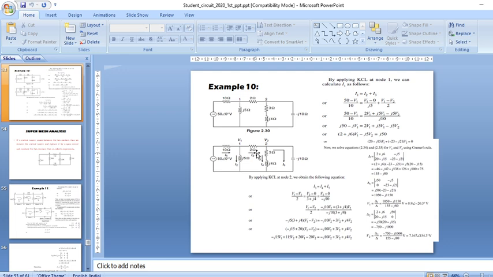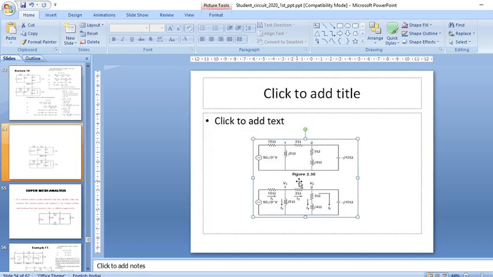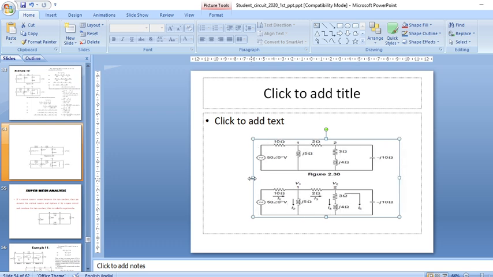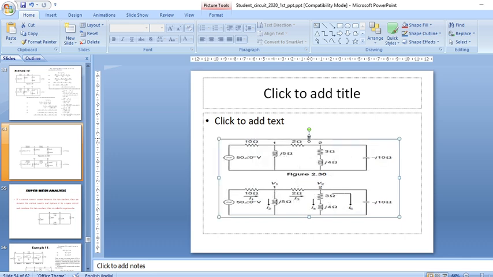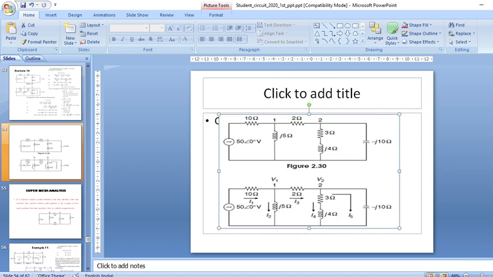I am just checking this circuit. If you can solve this problem, I hope that you can solve this problem too.